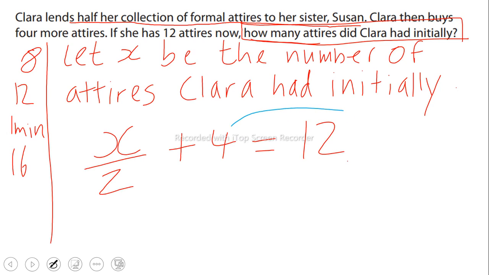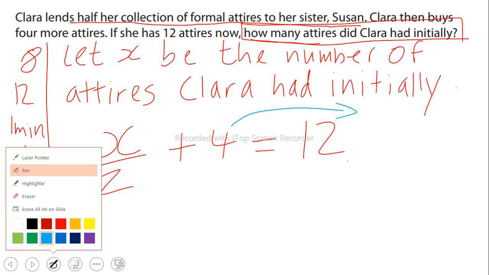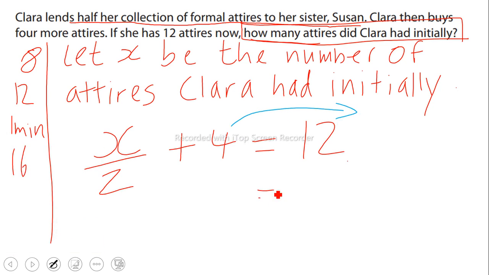So if we carry the 4 over, it's going to be equal to 12 minus 4, x over 2. So it's going to be x over 2 equals, what is 12 minus 4? 8. Good.